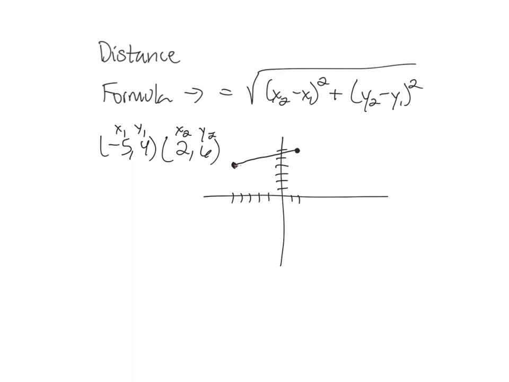So I could create a triangle, and I could do Pythagorean Theorem, a squared plus b squared equals c squared.